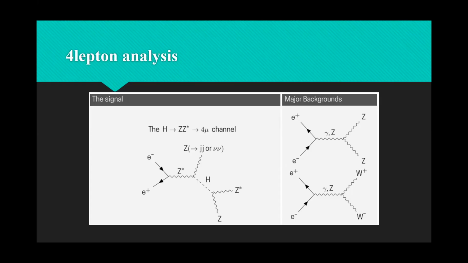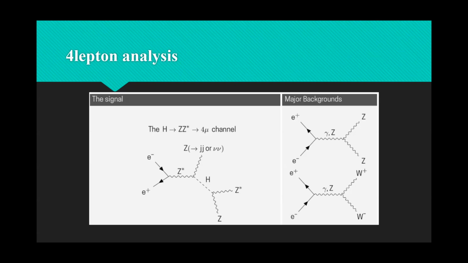From a physics standpoint, this process allows precision measurements of the Higgs properties such as mass, momentum, and so on, and serves as a probe for possible deviations from the standard model.